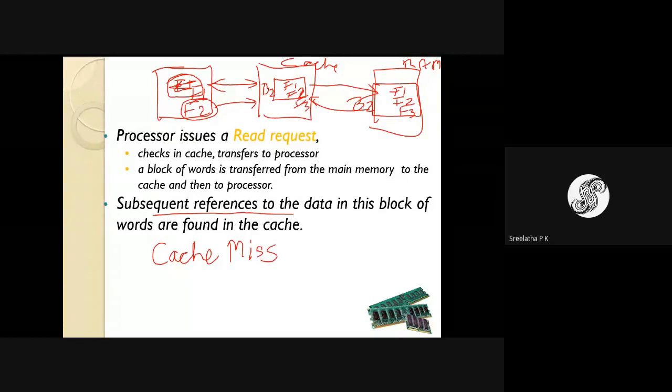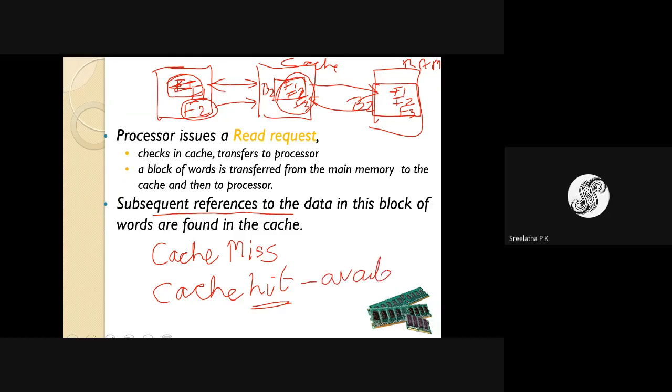Okay, correct. So I was explaining about cache hit and cache miss. Cache hit means the required instruction or data is present in the cache memory. When the processor is searching for an instruction and it is available in cache memory, then it is called a cache hit.